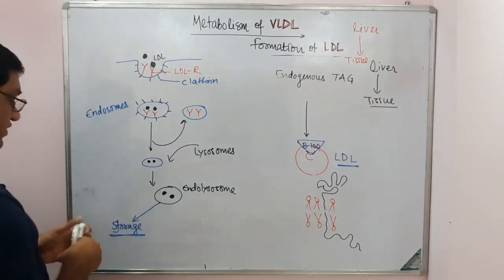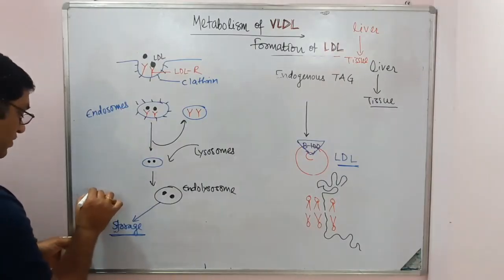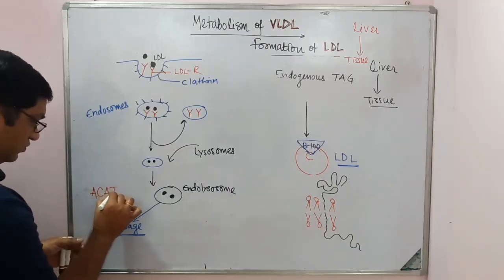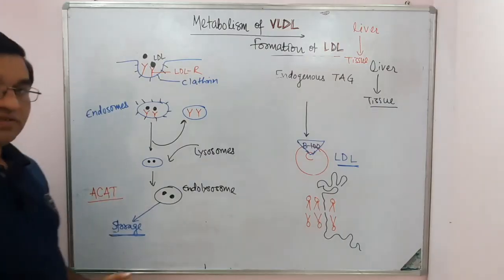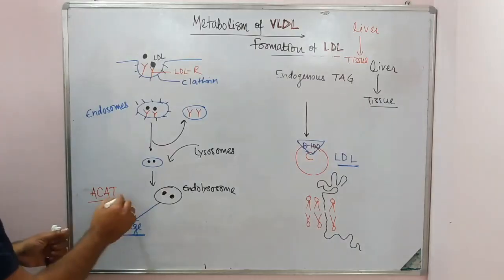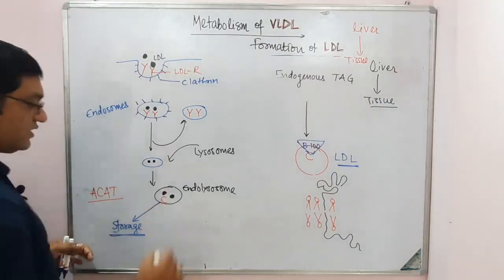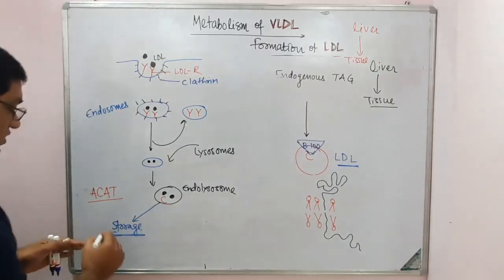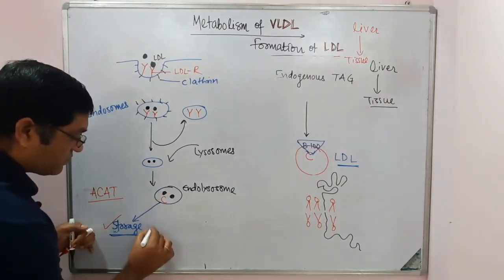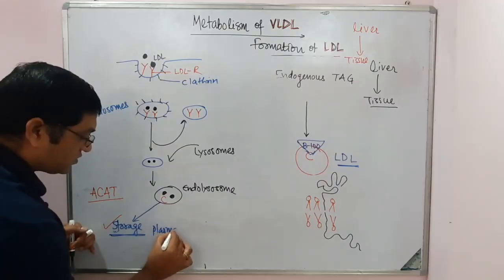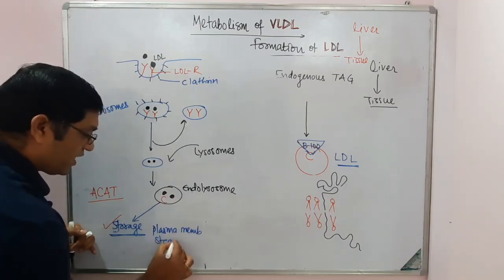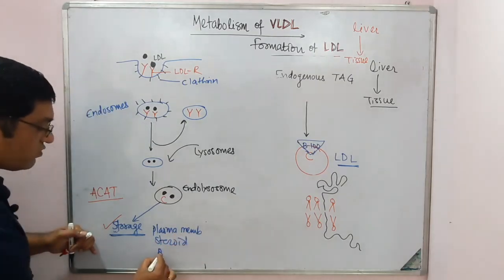This re-esterification occurs with the help of acyl CoA cholesterol acyl transferase, ACAT. Further, it is utilized for plasma membrane synthesis, for the synthesis of steroid hormones, and for the synthesis of bile acids.